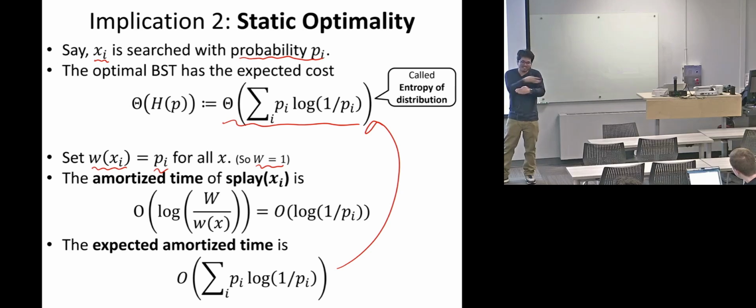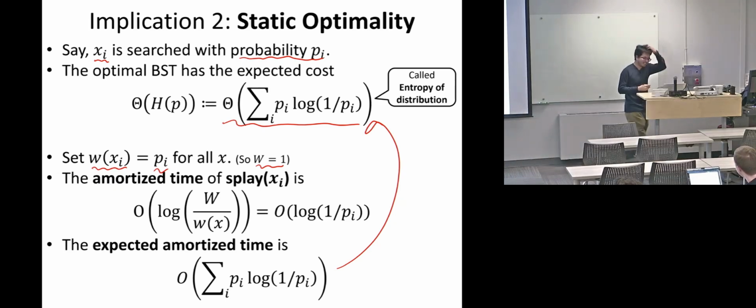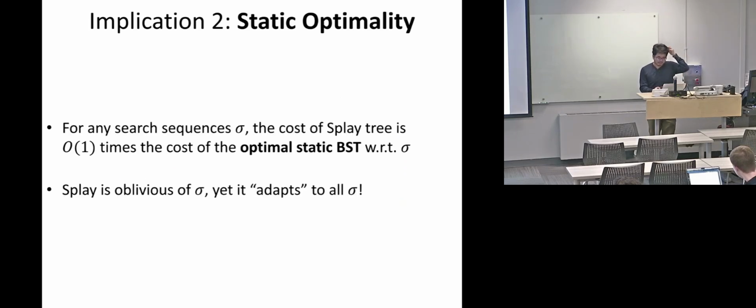It's competitive to every optimal binary search tree for any distribution. So it's pretty crazy. Intuitively it means that for any sequence, the cost of Splay is a constant times the cost of the optimal binary search tree with respect to the sequence. Splay is oblivious to the sequence, but it kind of adapts to the sequence.